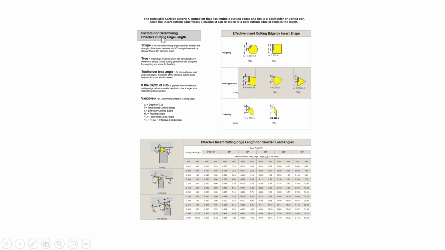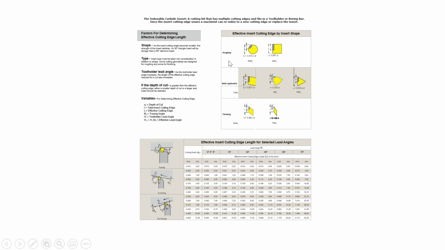Factors for determining effective cutting edge length. These are some factors we can consider for determining effective cutting edge length. First, shape. As the insert cutting angle becomes smaller, the strength of the insert declines. An 80-degree triangle insert will be stronger than a 55-degree diamond insert.